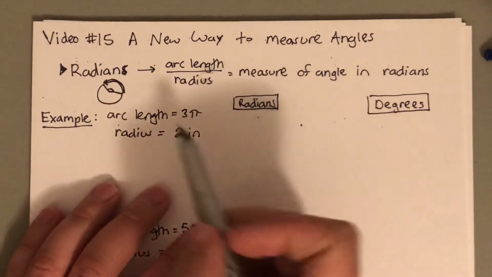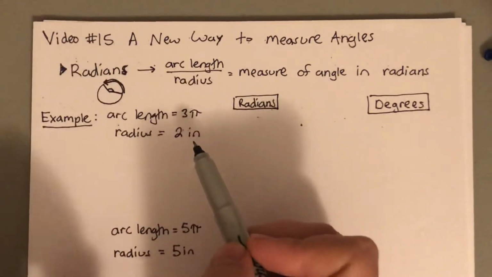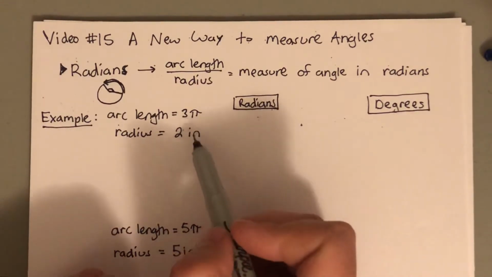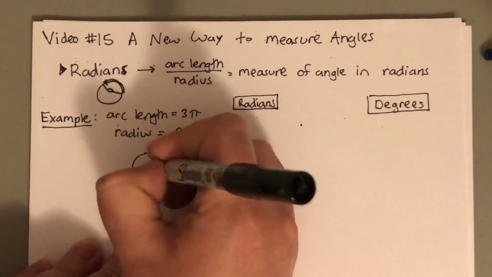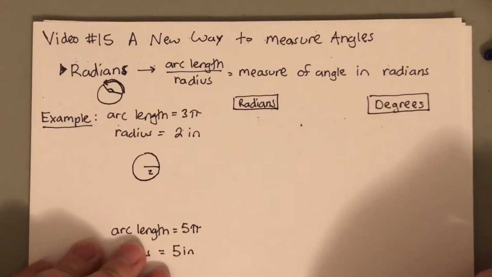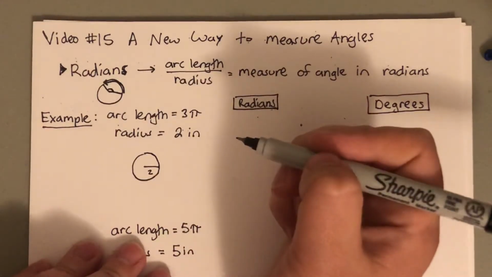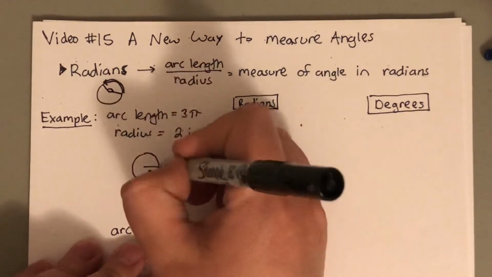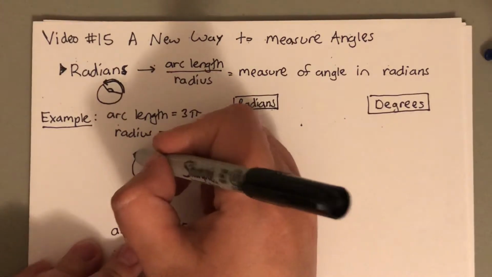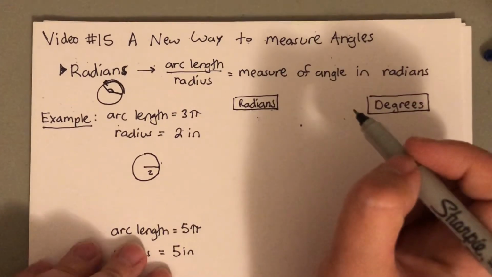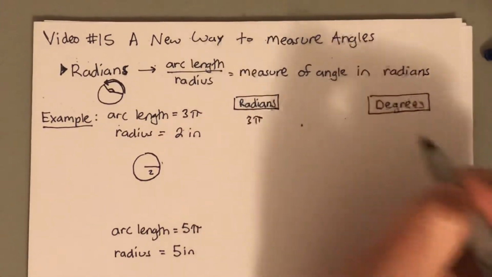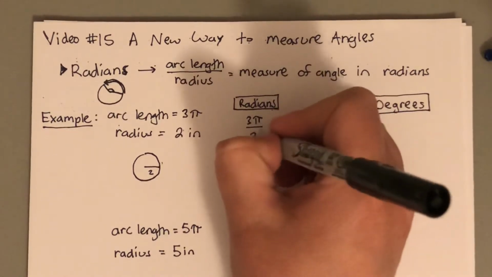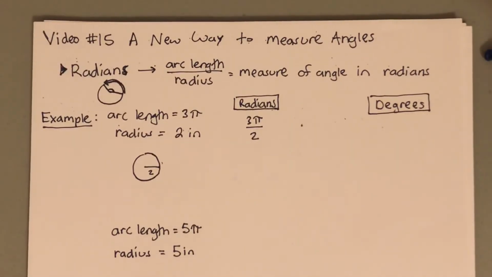So if I wanted to find the angle measure, the central angle of a circle that had a radius of 2 inches and an arc length of 3 pi, what I can do is take the arc length and divide it by the radius, and that's how many radians I have.